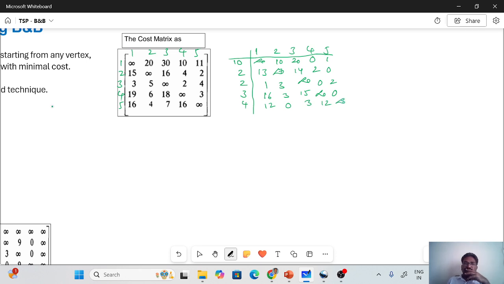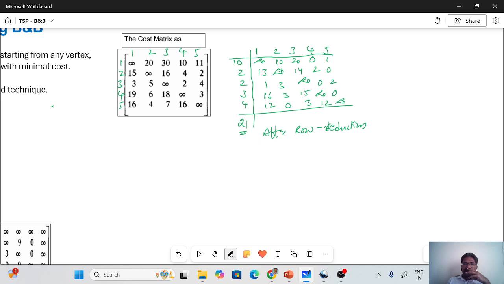So this is the matrix we get after row reduction. Now, what is the total row sum reduced? Nothing but the smallest of each and every row: 10 plus 2, 12, plus 2, 14, plus 3, 17, plus 4, 21. This is the row sum.